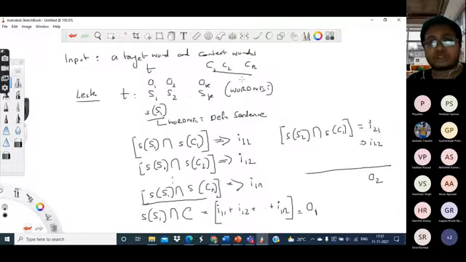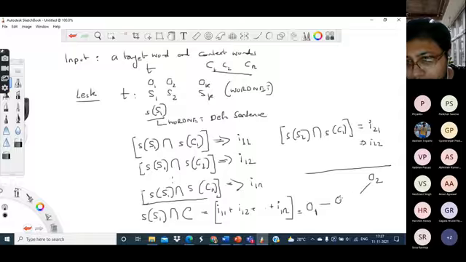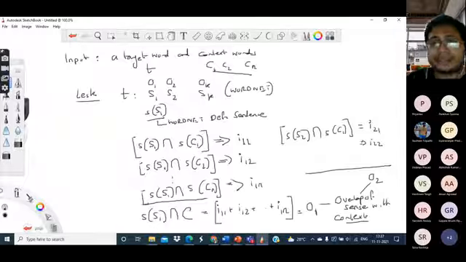So these O's basically stand for the overlap of sense with context. And then the sense which I will choose is whichever sense has the highest overlap.